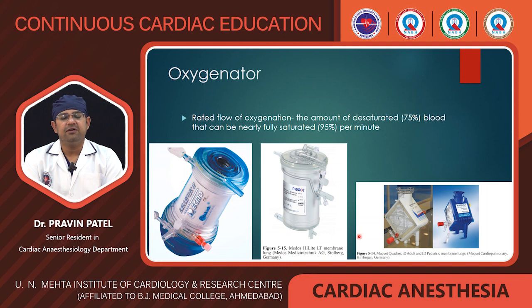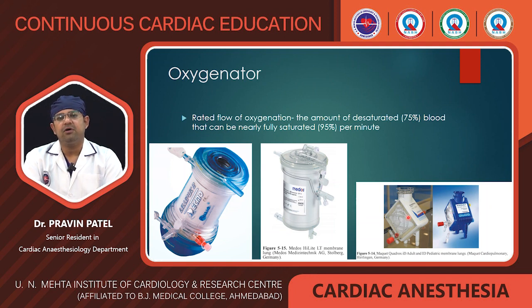These are the various examples of the oxygenator. The one which we see here is the Lilliput type of oxygenator, where oxygenation occurs vertically. The second one is the Medos Hilite type of oxygenator, where again the oxygenation occurs vertically. The one we use in our setup is the Maquet type of oxygenator, which is basically quadrangular shaped.